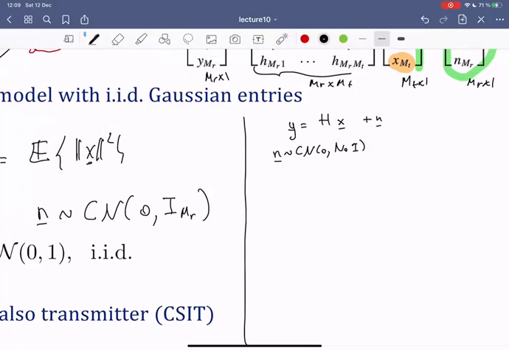You could say that the transmit signal satisfies expectation of |x|^2 is equal to some transmit power, for instance, and then h_ij is complex Gaussian, zero mean, and some variance which is due to path loss and shadowing. Right? Now, this model is equivalent to the model here.